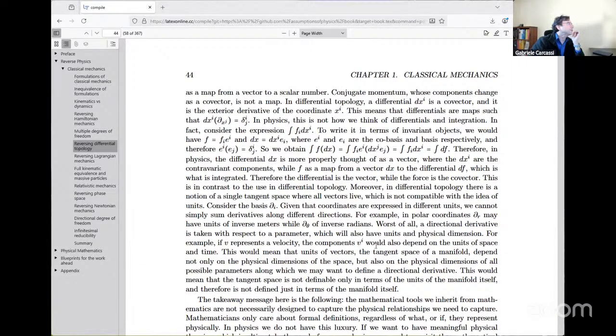Good. So, a question from the chat. Since this whole discussion is based on differential forms, does it mean the Cartan formulation of differential geometry is more adapted to physical intuition than any traditional tensor-based one? I do not know what the Cartan formulation of differential geometry is.